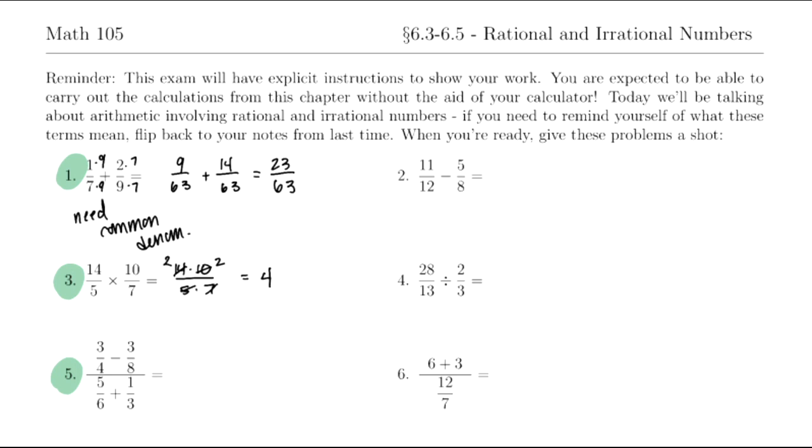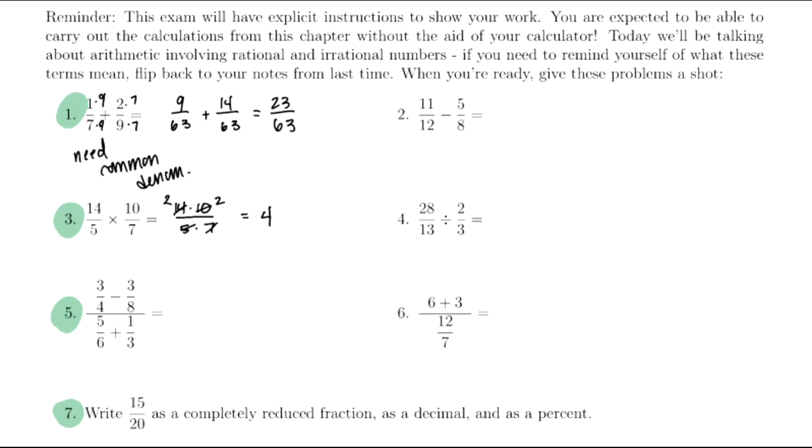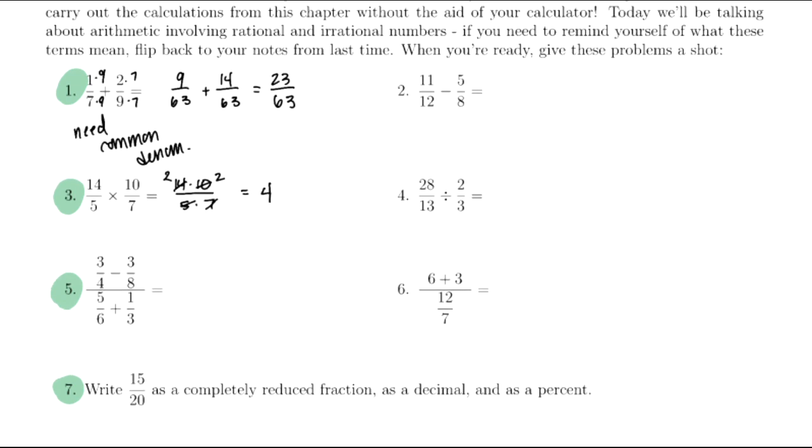Then, on number 5, we have a fraction subtraction over a fraction addition as a fraction. So what we're going to do is get a common denominator on the top. So I'm going to multiply this by 2 to get me an 8 on the bottom.